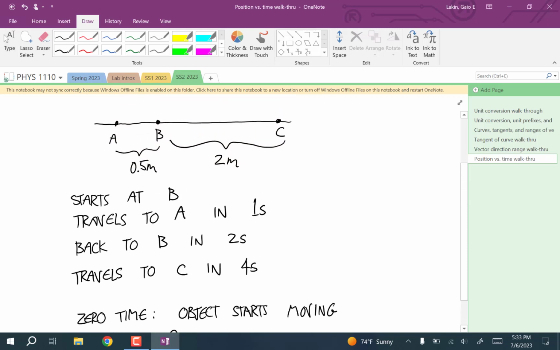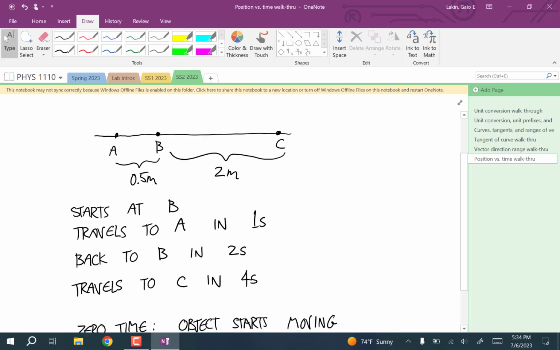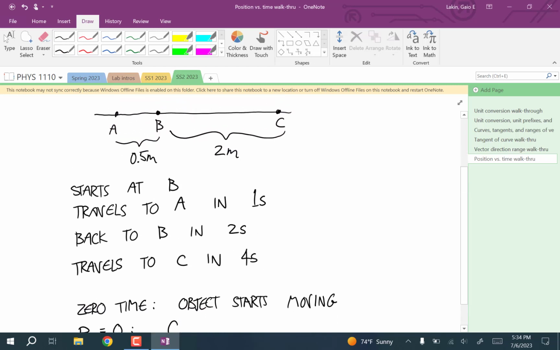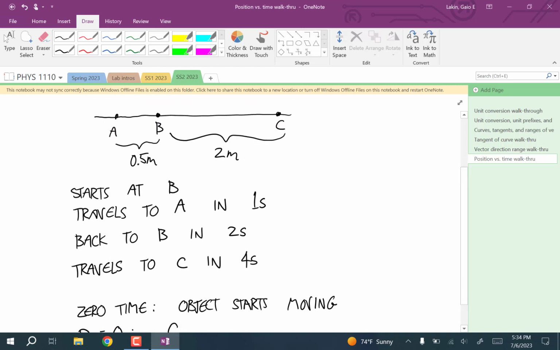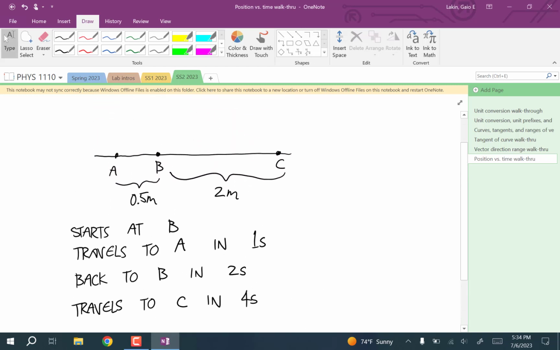So the way I would go about this, I've already drawn out the layout of the different points. That would be the first step in a problem like this. The next step, to me the best way to do this, is to sketch out what the motion looks like.